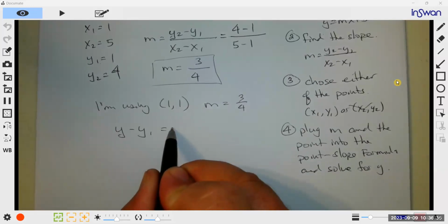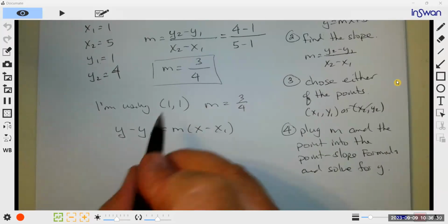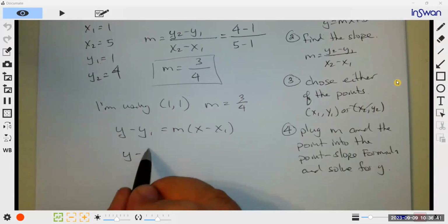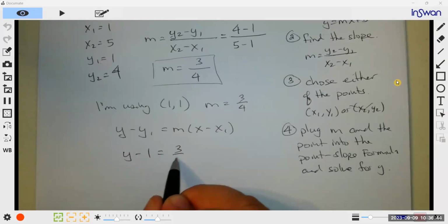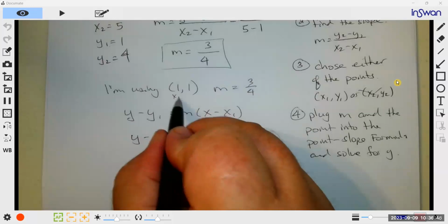The point slope formula is this one. So I have y minus 1 equals 3/4 times (x minus 1), which is x1, y1.